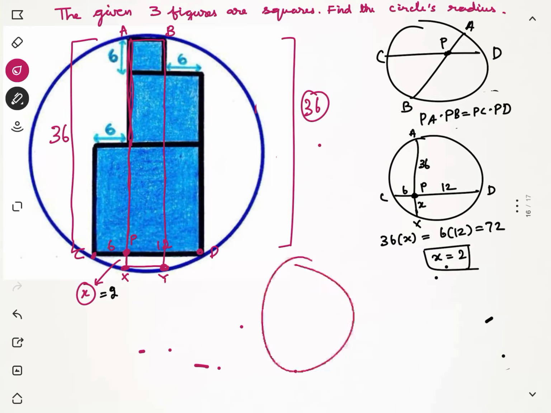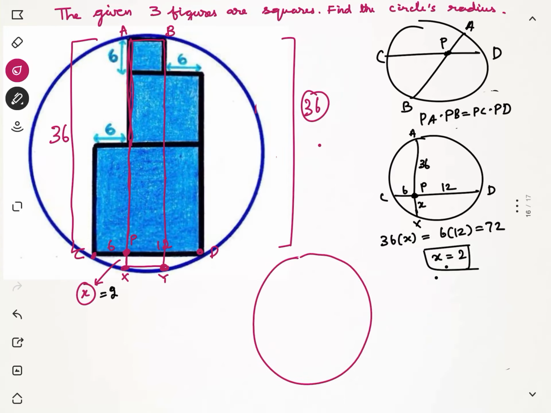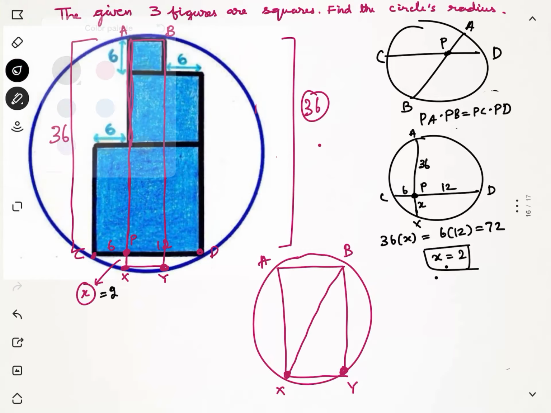In any circle, if I draw a rectangle and call these points A, B, Y and X, and connect B to X, I see that this particular chord BX is subtending an angle 90 degrees on both the sides of the circle.